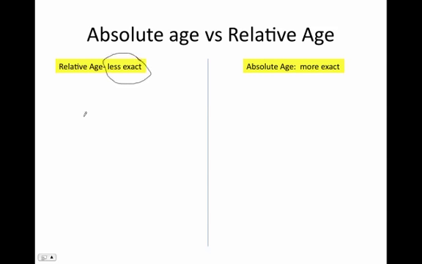For example, I might say I'm older than the grade 7 students that I teach, but younger than the headmaster of my school. That's relative aging. However, absolute aging is an exact method.